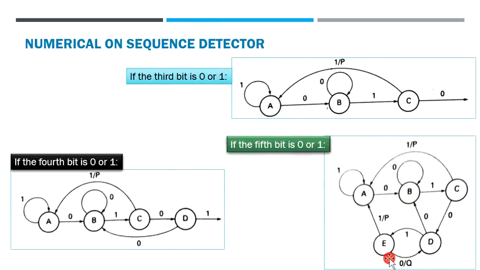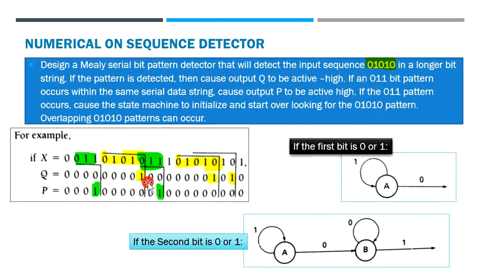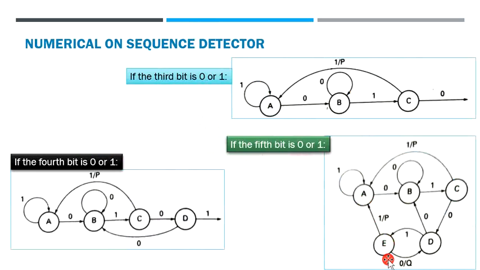If not, you will move to A, indicating that you have correctly detected 0 1 1, because the last sequence that you could see was 0 1 1. So these are the two transitions that you will make for the fifth bit.